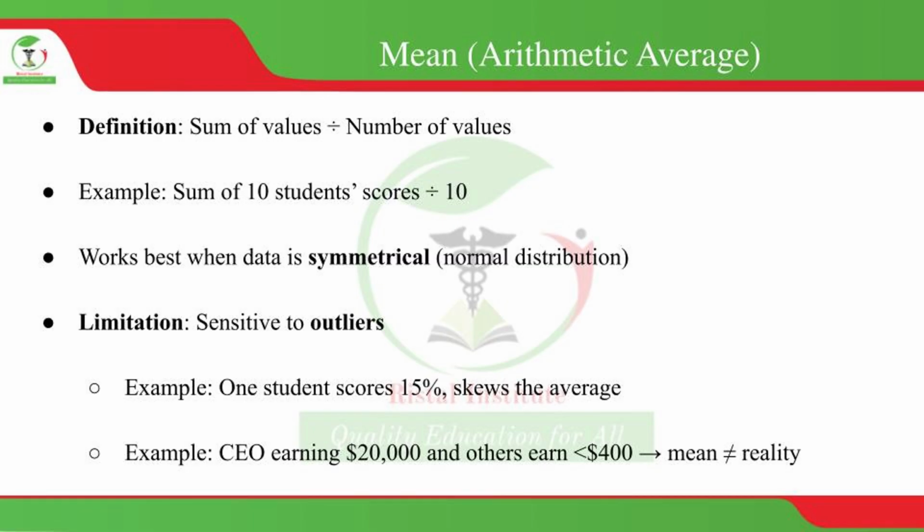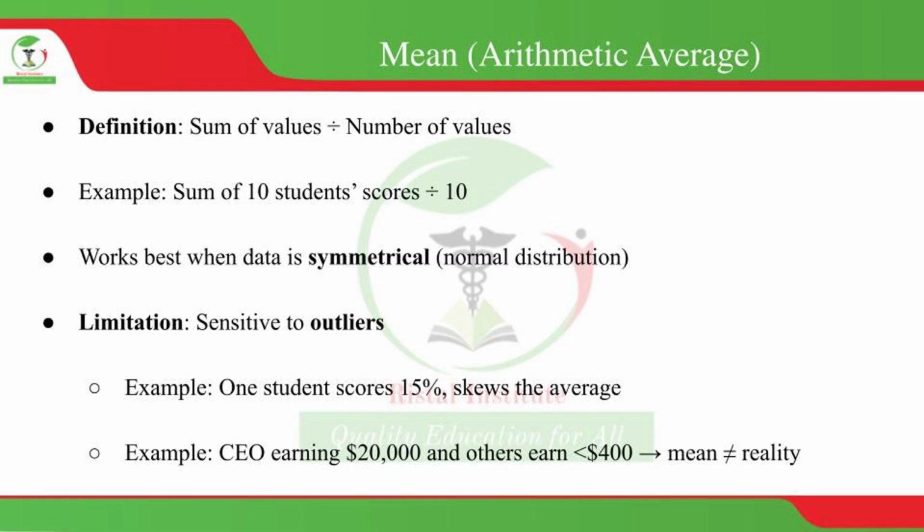Why? Because if you have outliers, you are going to have skewed results in terms of your mean. For example, if you have 10 students, and the majority of them have B's and A's, so they have 80s, 70s, 75, 85, 90, and then there is one student who got 15%.